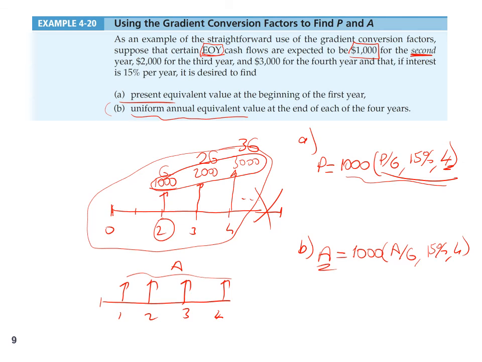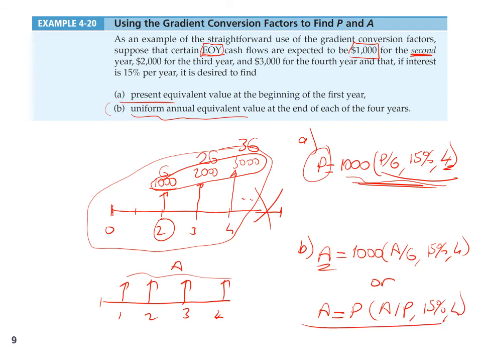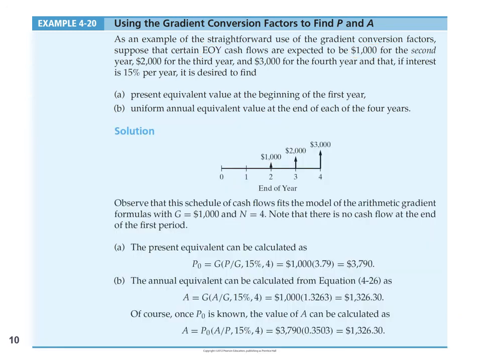Another method to find this is if you already found the present value by using this formula, this A can be found by P times A given P, 15%, and 4. So in the second one, what we did, we first converted this gradient series to present time, and then from this present time we converted it to annual series by this factor, and both of them will provide you exactly the same result, and this is the solution.